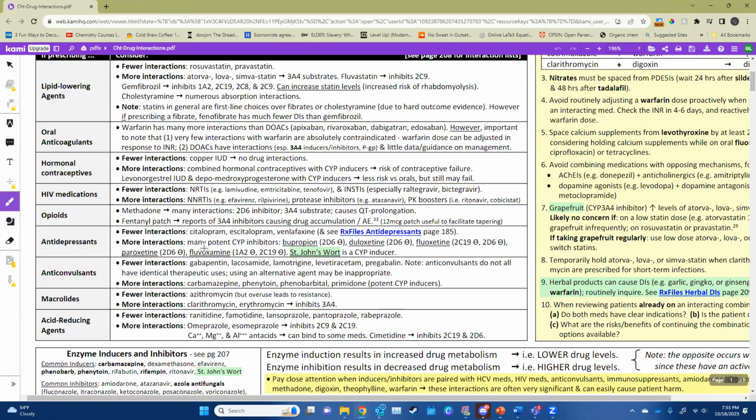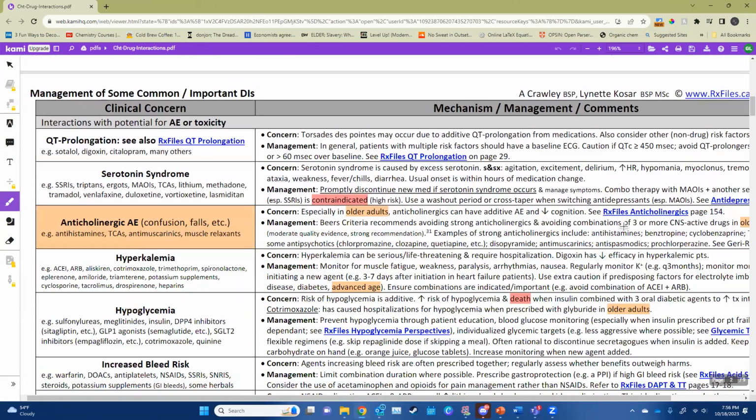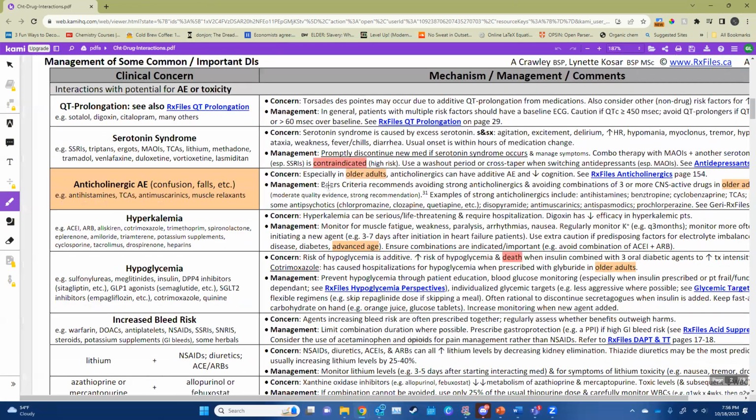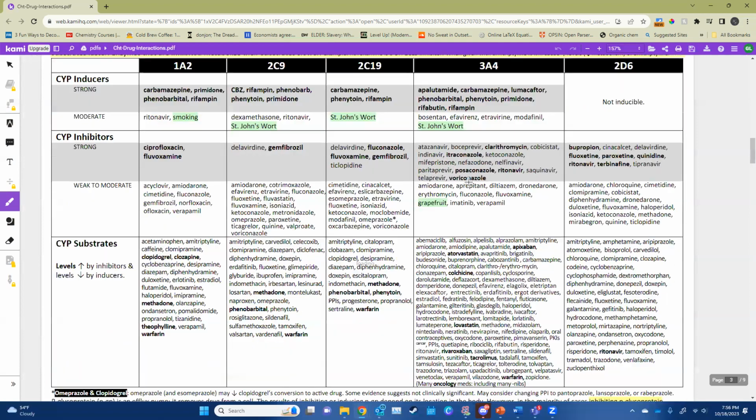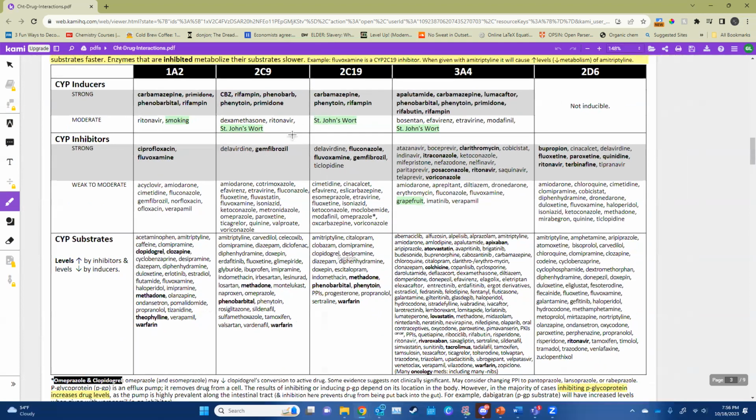Different stuff like this, tons and tons of information, but you can see where we're basing things on side effect or toxicity, or based on enzyme. What I will tell you is that as a pharmacist, you should know all the ones in bold off the top of your head.